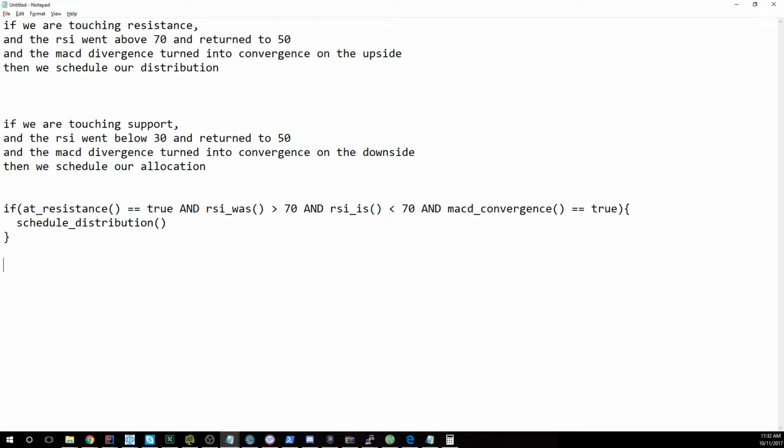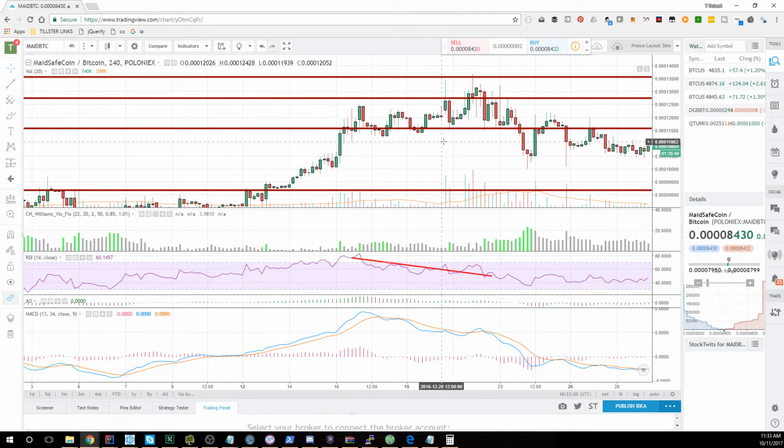All we did was we took our strategy and we transformed it into something that we can tell the computer what to do for us. Okay? Now what we need to do is break down each of these. What does it mean to be at resistance? Well, let's take a look.